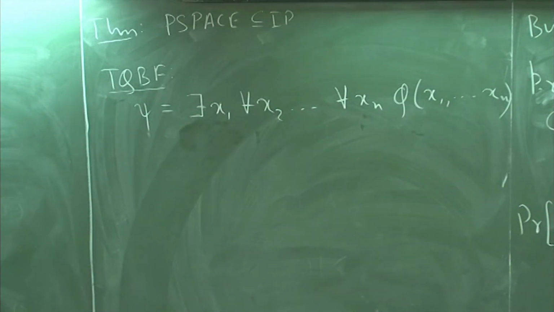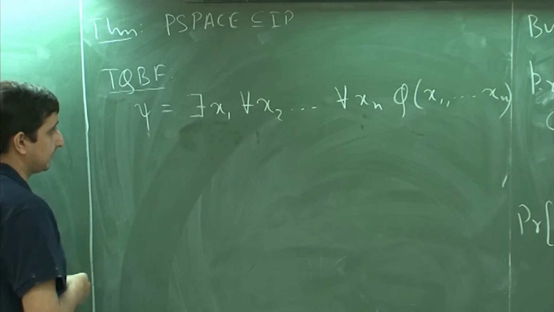So what would the strategy be in this case? Here again we can construct our polynomial as follows.